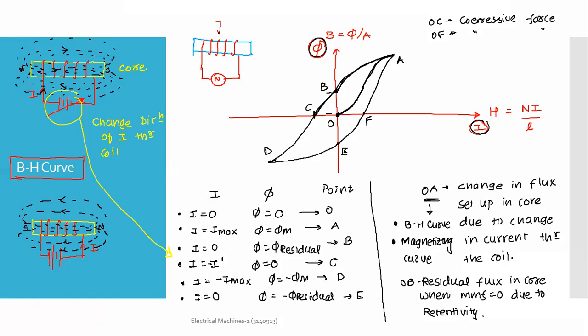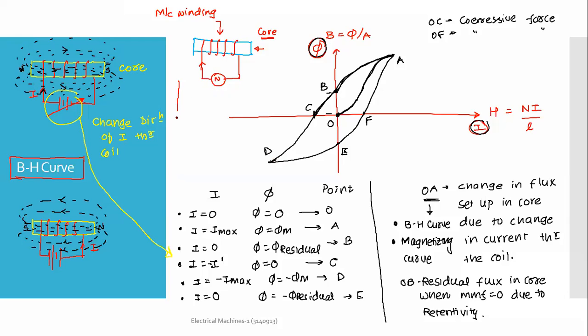Suppose this is the machine winding, and this is the machine core over which the winding is wound. Now this is an AC source.